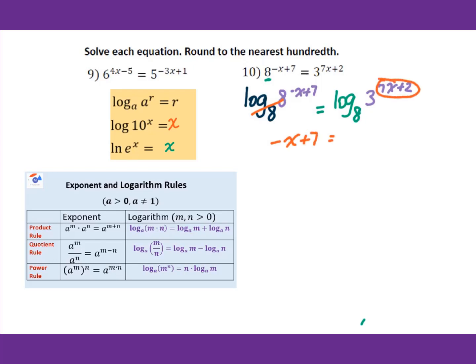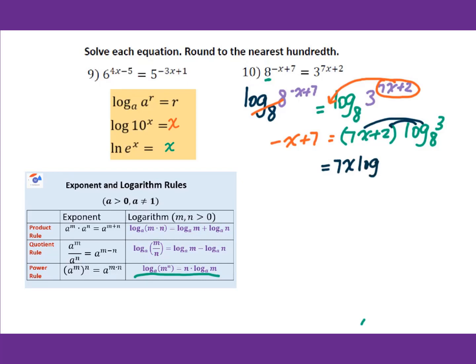For this one, we drop down the exponents using the power rule. So we got 7x plus 2 times log base 8 of 3. Then we do the distributive property. You will get 7x log base 8 of 3 plus 2 log base 8 of 3. This side will be negative x plus 7.